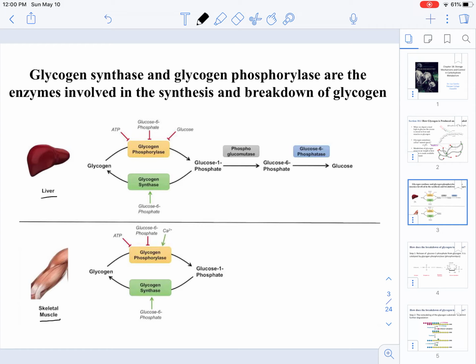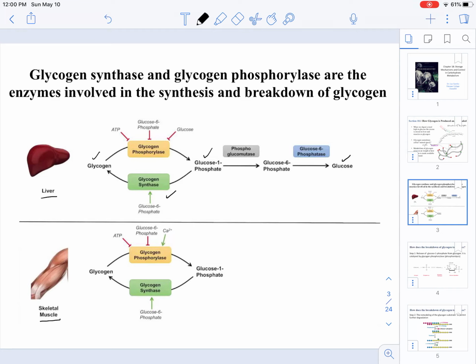Glycogen phosphorylase is the one that is in charge of converting glycogen to glucose 1-phosphate, and we're going to study those reactions in detail. That glucose 1-phosphate leads to the conversion of glucose. Then, when we are talking about how glucose is converted into glycogen, glycogen synthase will be the enzyme that is going to be catalyzing that reaction.